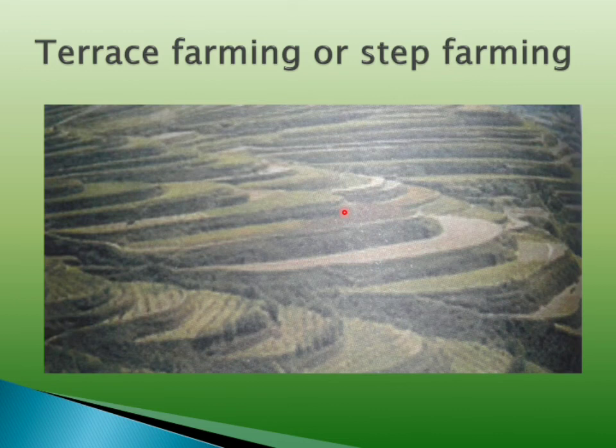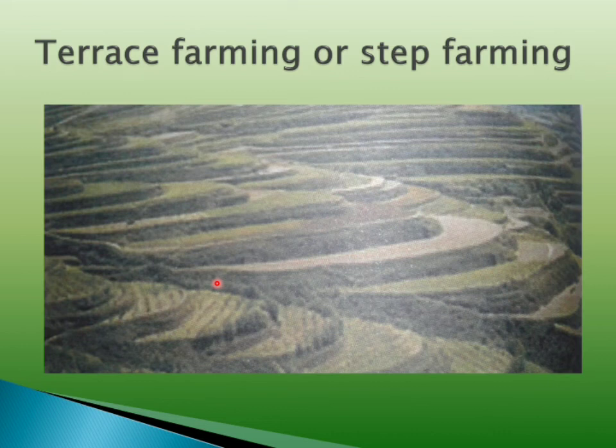Okay. So what are the benefits of step farming? The major benefit is the conservation of soil and water. So it will greatly reduce the soil erosion. Okay, terrace farming is the most common in hills as it provides the physical barrier to soil erosion by water.